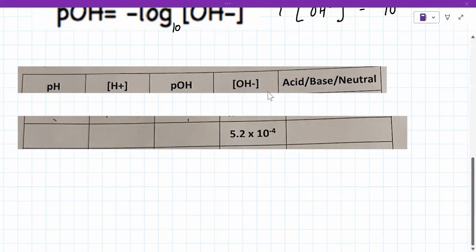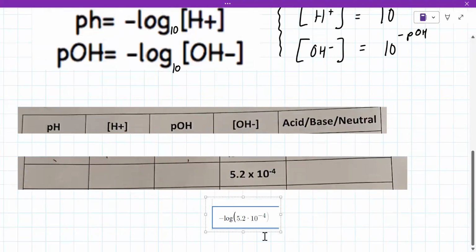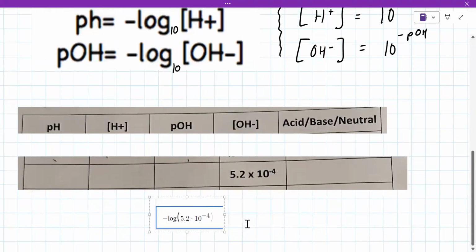Would you go ahead and type that in and let me know what you come up with? Hold on. So I do negative log. Sorry, where's the negative sign? You can either type a dash or it's the subtraction symbol. Okay, and then do I just type in log?